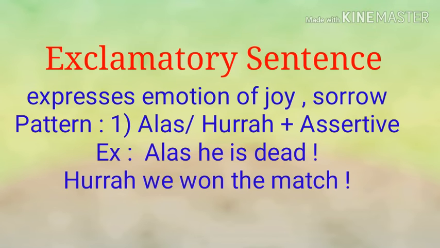Clear? And the fifth kind of sentence is exclamatory sentence. It is that kind of sentence that expresses emotion of joy, sorrow, etc. Its pattern is alas or hooray plus assertive form of sentence pattern. Its example is alas, he is dead, hooray, we won the game.